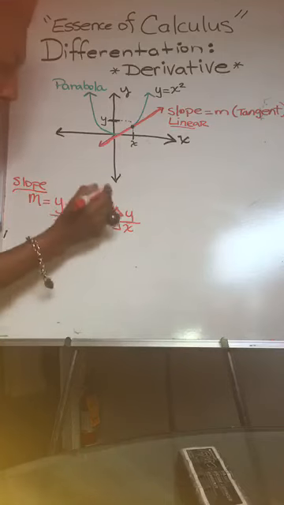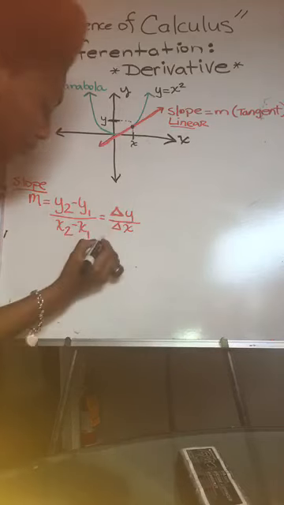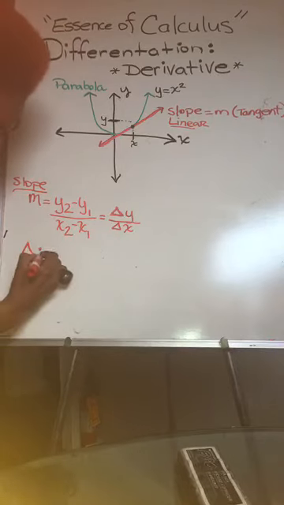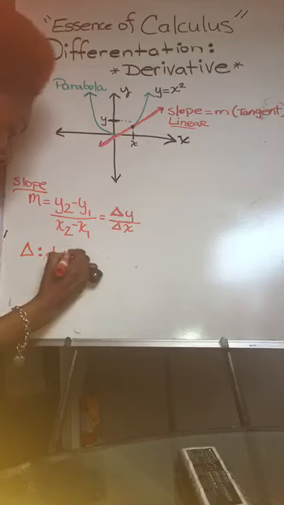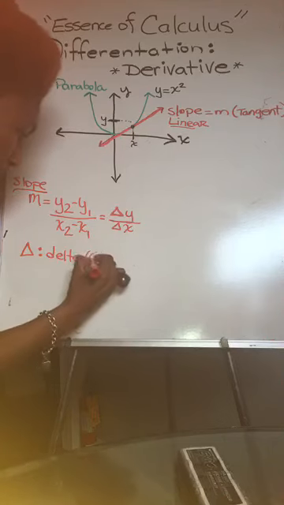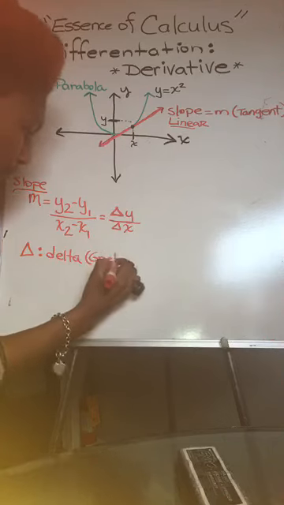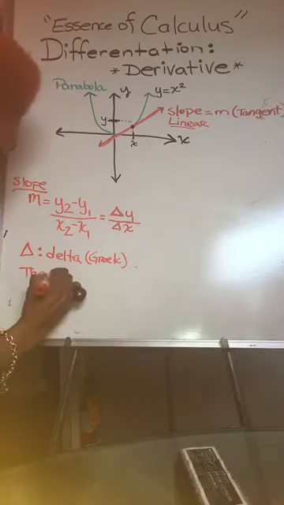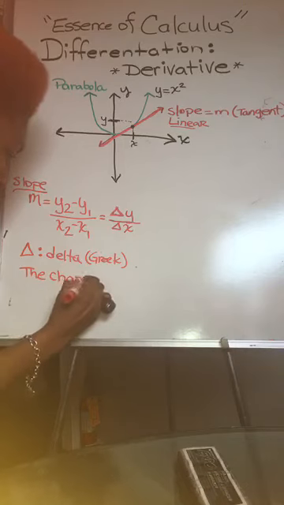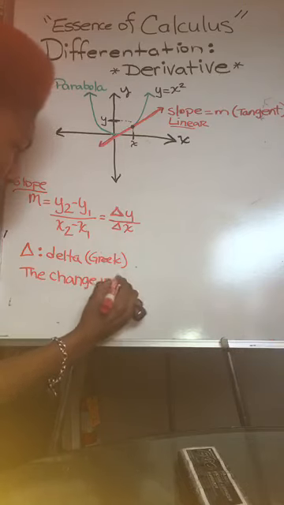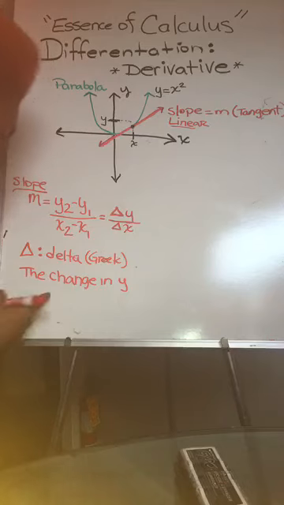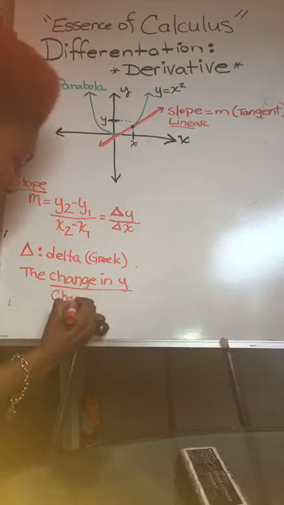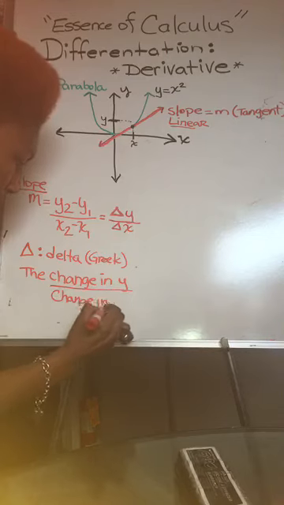This symbol is a Greek symbol called delta, and it represents the change in y, okay? Change in y, and we divide that by the change in x.